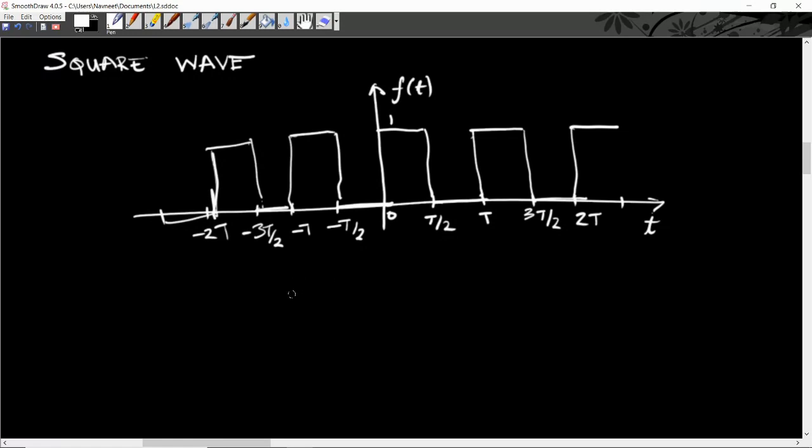This square wave can be represented by this function f of t.